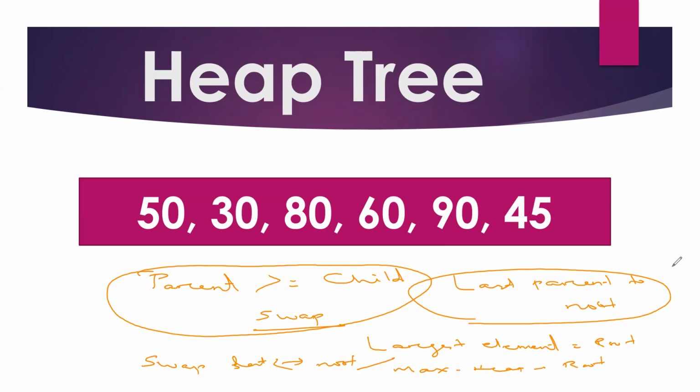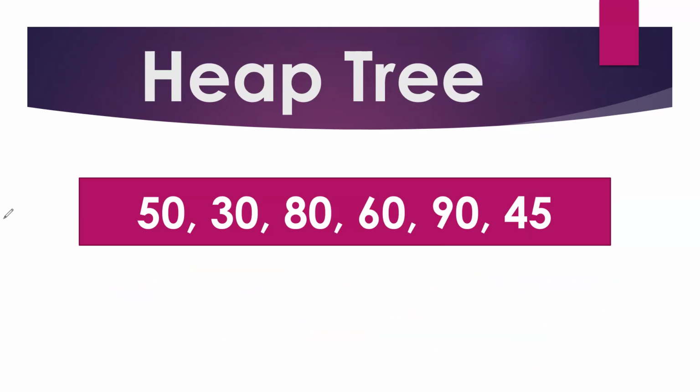Okay. So this will give a clear picture of how actually heap sort works. Okay. So heap sort is completely based on the principle of creating the heap tree. Okay. And once you construct the heap tree, you will apply the max heapify property.